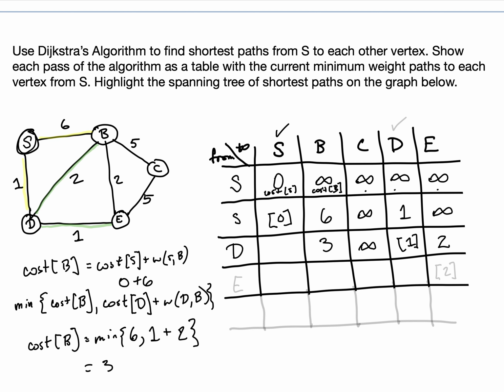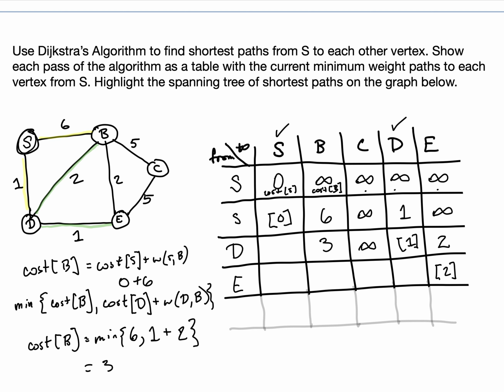So now D has been processed, and now we are going to look at the minimum of all costs of the vertices that have not been processed yet. 2 is the minimum out of those: 3, infinity, and 2. So we're going to be bringing 2 down, and we're going to be processing that vertex E next.